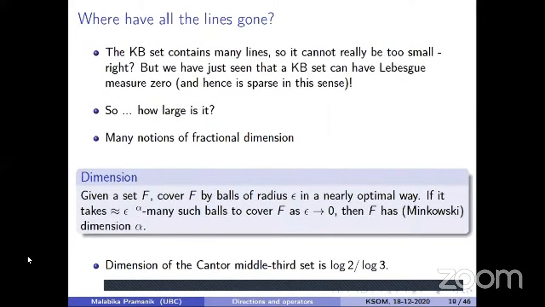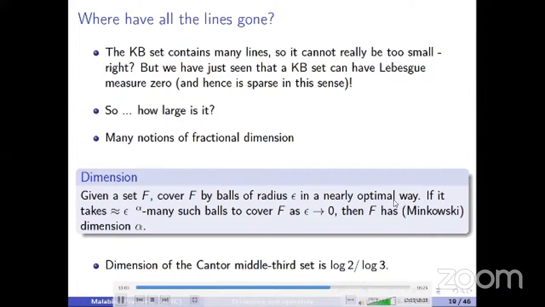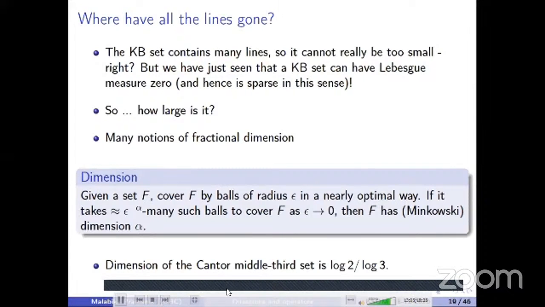Let's pause for a moment to summarize what we have just found. On one hand, the KB set by definition contains many lines and hence cannot be too small, right? But we have just seen that it could have Lebesgue measure 0 and hence is sparse in this sense. So, how large is it?